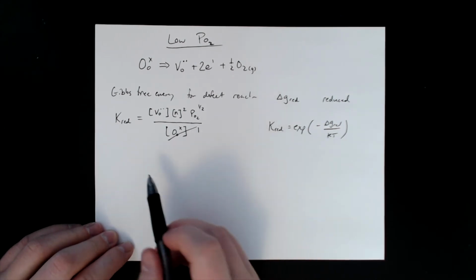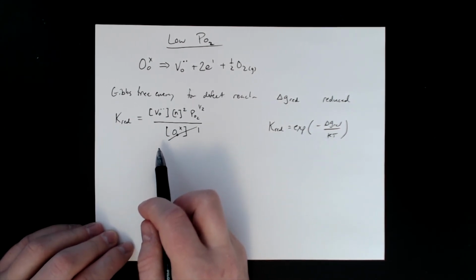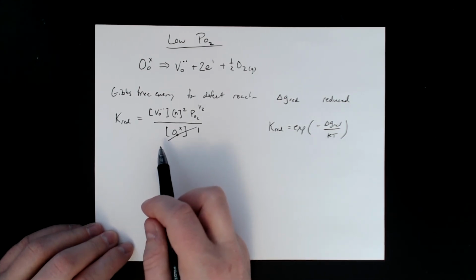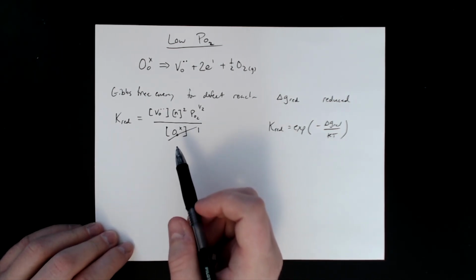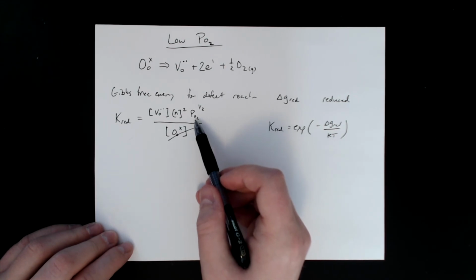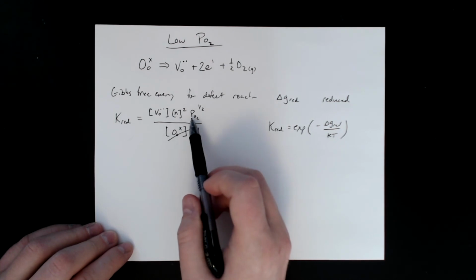So from this expression, this also allows us to look at the question that I asked in a previous module about what happens if PO2 decreases, right? It shows that if PO2 decreases, then the oxygen vacancies would have to increase to compensate, right?